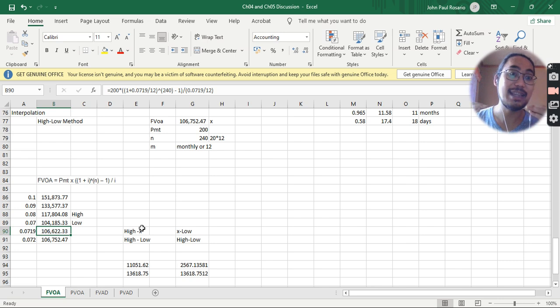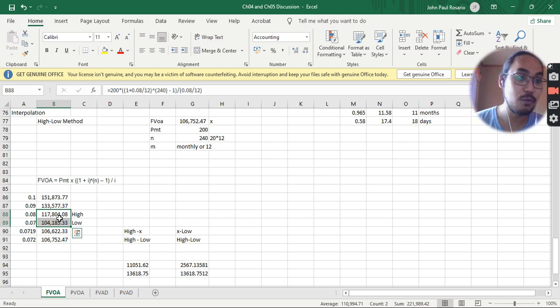So this means that my interest rate annual is between 8% and 7%. Looking at the future values, your 106 is in between 117 and 104.